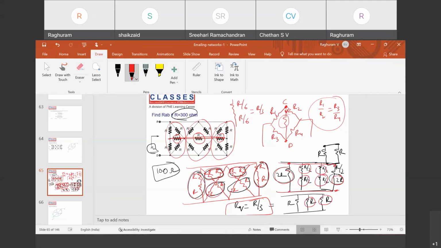For simplicity I solved it here, otherwise you can solve it in the next step also. These two are in parallel, since both ends of this are connected to both ends of this. So 2R and 2R in parallel is R again. Then R and R in parallel, you'll get R by 3.